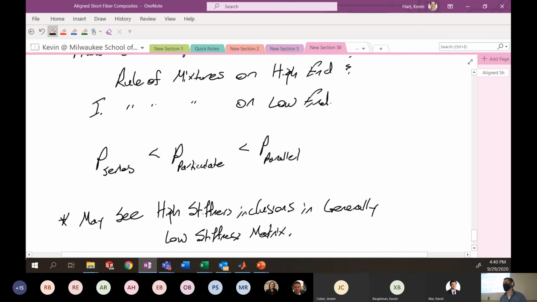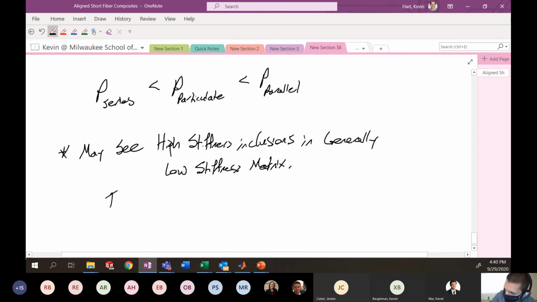We have high stiffness glass fibers and low stiffness epoxy matrix. It's sort of like what we've assumed this whole class so far. In this case, it's closer to series model.